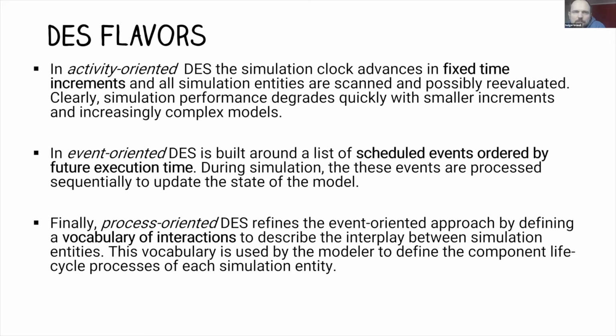But this becomes very hard to realize when the number of simulation entities is increasing. A slightly better version is so-called event-oriented discrete event simulation, where you have events that are scheduled for some future execution time, and they will evolve the state of the simulation model.